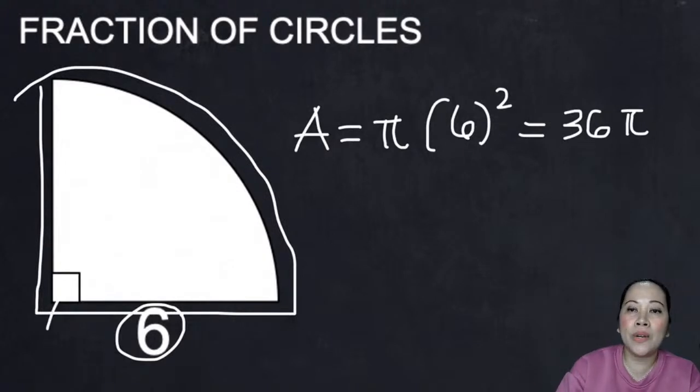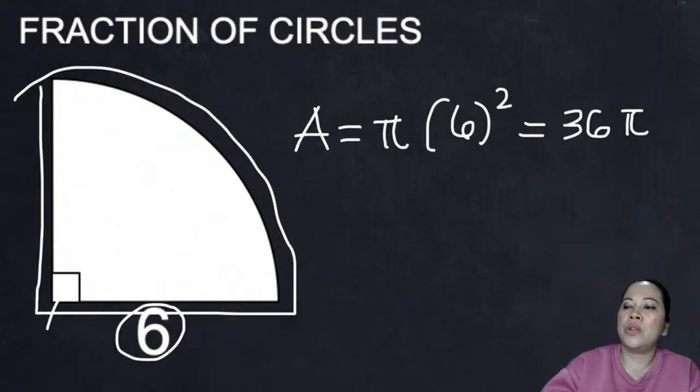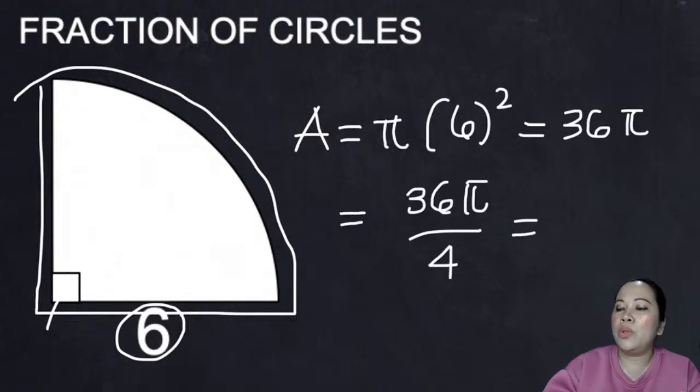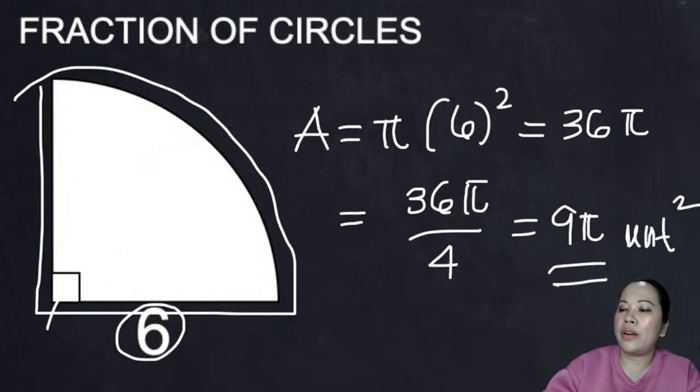Because it forms 90 degrees, and the total of a circle is 360. 360 divided by 4 is 90, so any part that forms 90 degrees of your circle is a quarter of the whole circle. Since 36 pi is the area of the whole circle, all you have to do is divide 36 pi by 4 to get 9 pi. If you are asked to give the exact value, that is 9 pi square units. So that will be your area.